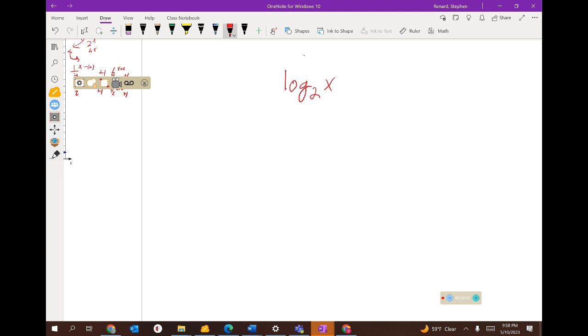Domain and range. So now we're at logs. So let's quick review logs. This is the one I'm using for 2. That's true anytime this number is greater than 1.